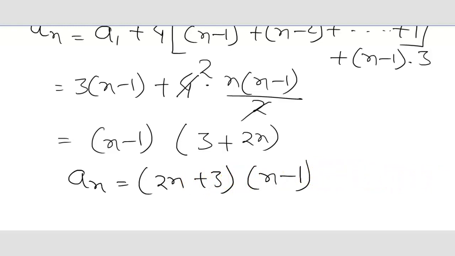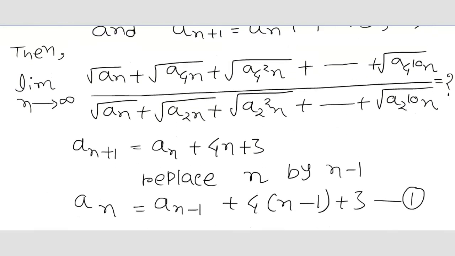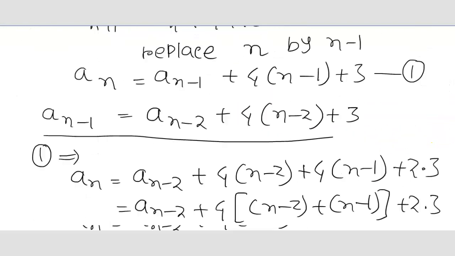So now let's move our attention to the problem, and we have to find this limit. See, here a_n is under the square root, so we have to make some adjustments, and here there are some coefficients of n, say 4, 4 squared, 4 to the power 10, 2, 2 squared. So we also have to make some adjustments for these too.